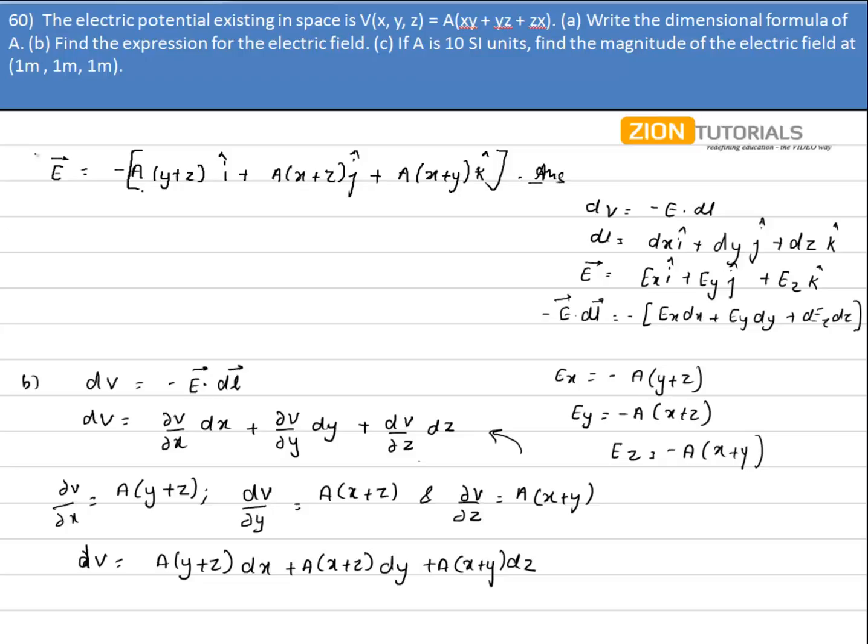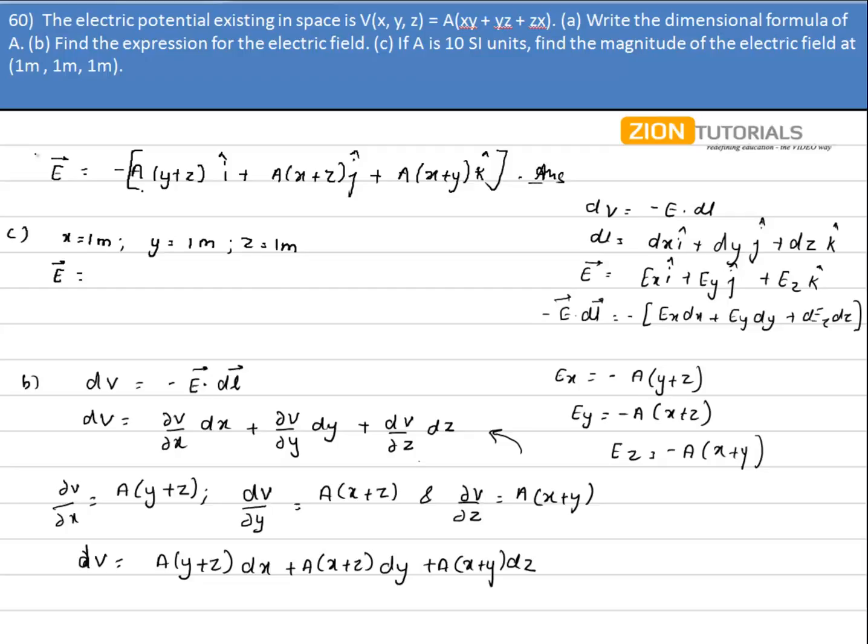Now in the third part, we have to calculate the magnitude of the electric field at the point x equal to 1 meter, y equal to 1 meter, and z equal to 1 meter. So we have the expression for the electric field.